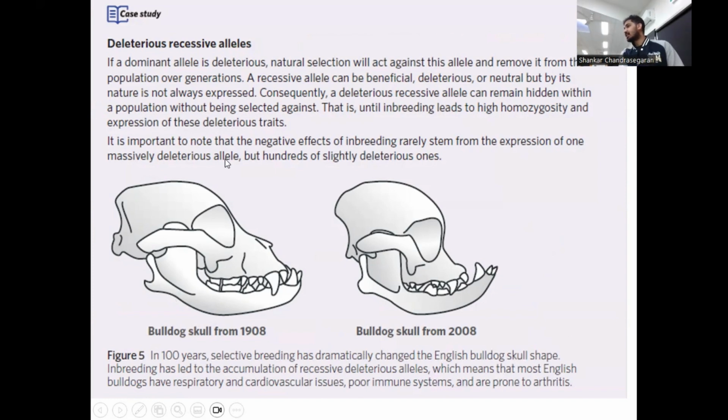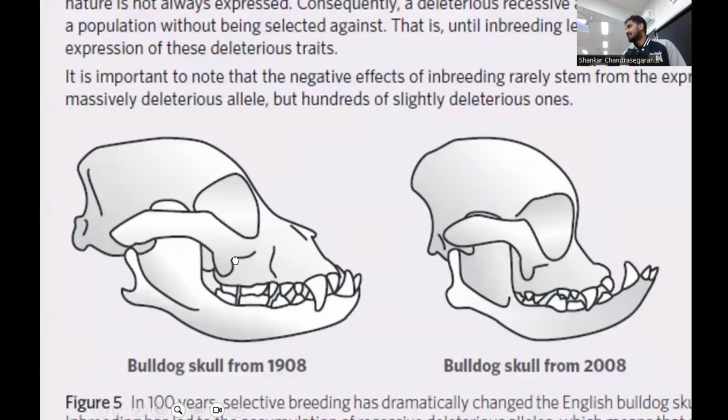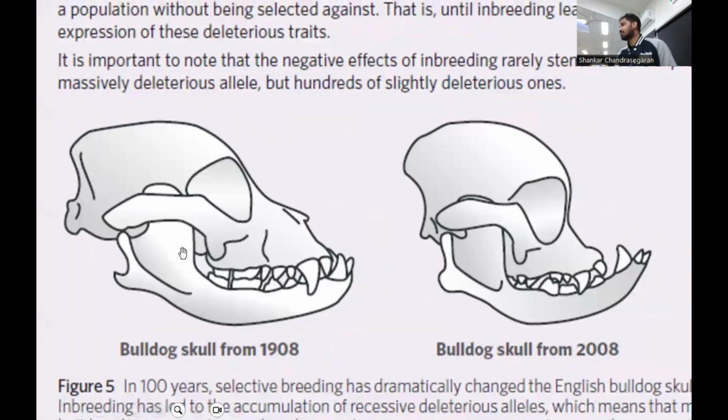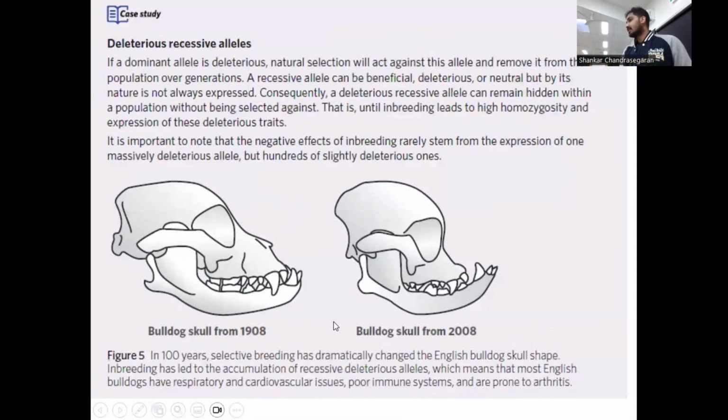This is how they were in 1909, and because the same breed has been bred with itself over and over, more and more deleterious alleles are going to accumulate, and more of them are going to get expressed, changing the health status of the bulldog itself, causing them to have more respiratory and cardiovascular issues.